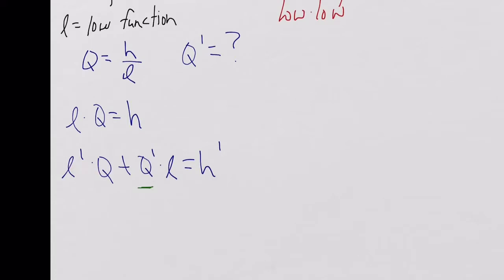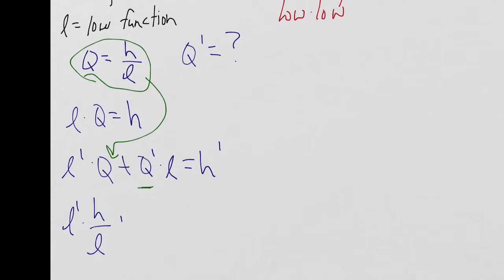Fortunately, I know that's what Q is, so I can plug that in for this. So that's going to give me L prime times, when I plug Q in, H over L, plus Q prime times L equals H prime.